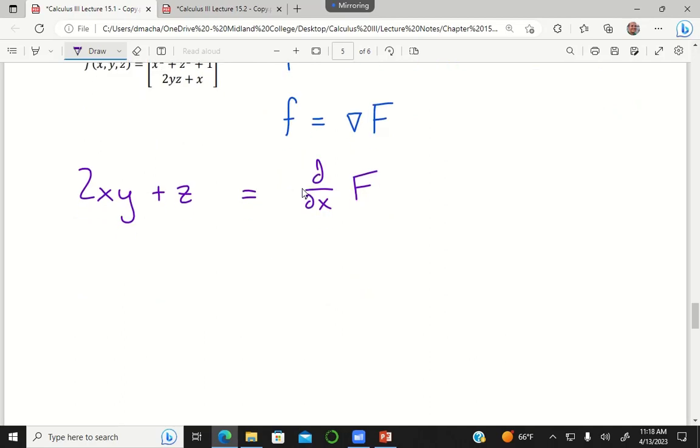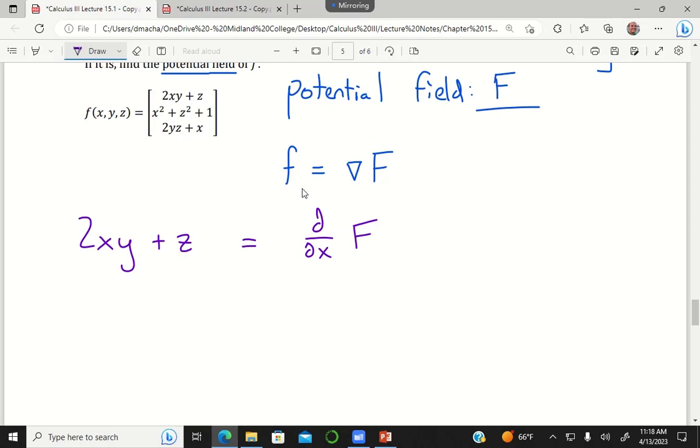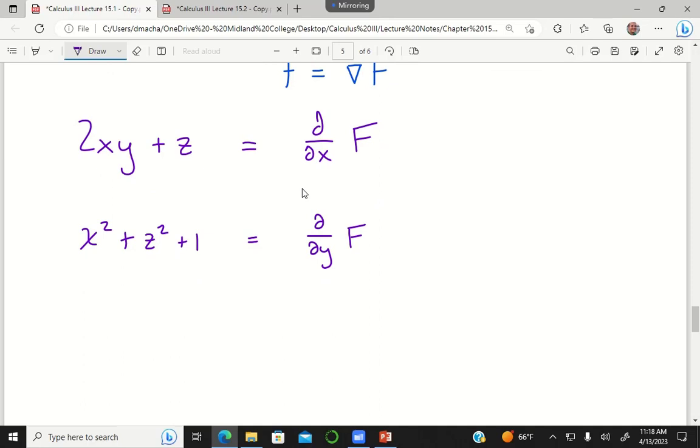And it would mean that the next one is, I can't remember, x squared plus z squared plus 1. That is the partial with respect to y of my potential field. And then 2yz plus x. That must be the partial with respect to z of my potential field.